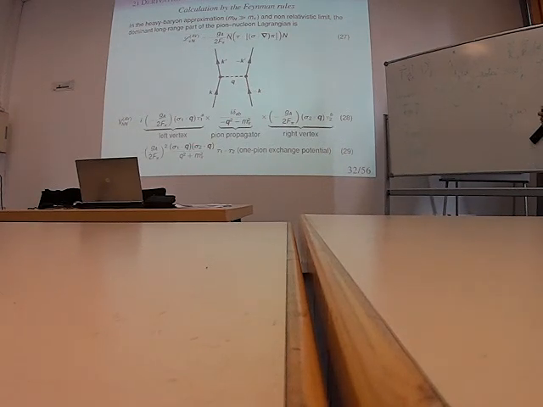So this is a slightly different form from those I derived earlier, and this is just a matter of some calculations. Do the math, you will get exactly the same form.